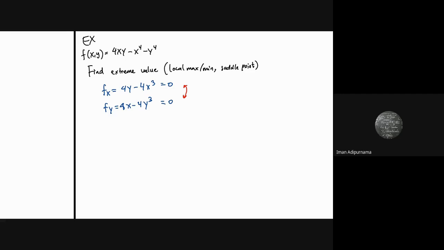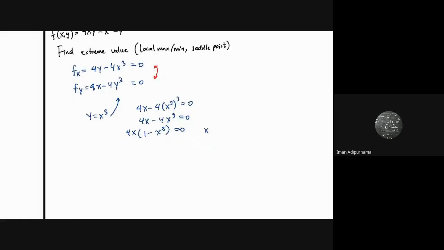If y is x cubed, then going to put it here. So for x minus 4, and then x cubed. So 4x minus 4x to the 9. So first you get this, x equals 0, right? So x equals 0 from here.